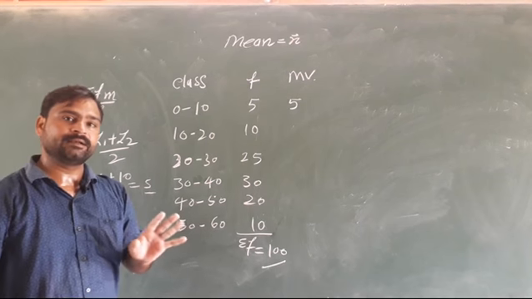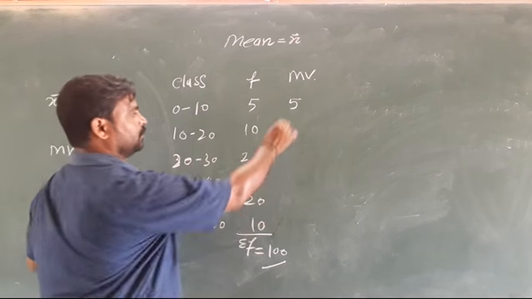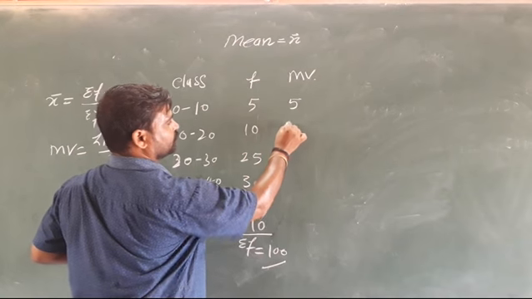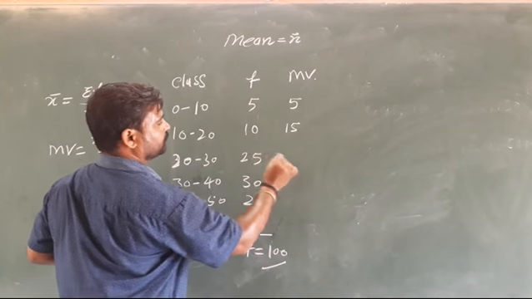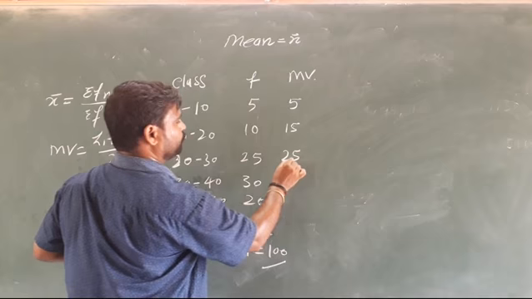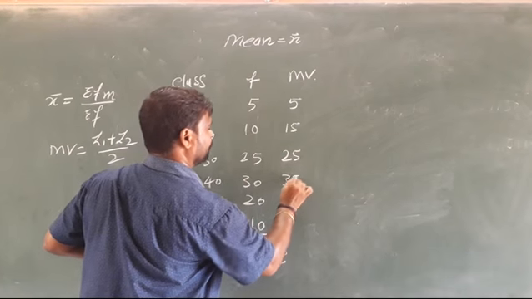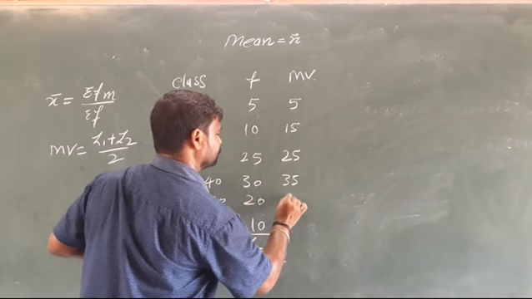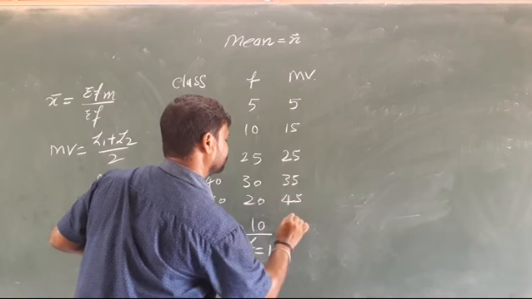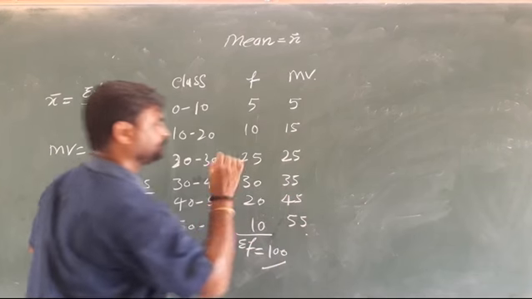So we just add 10 in each group. 5 plus 10, 15, 15 plus 10, 25, 25 plus 10, 35, 35 plus 10, 45, 45 plus 10, 55.